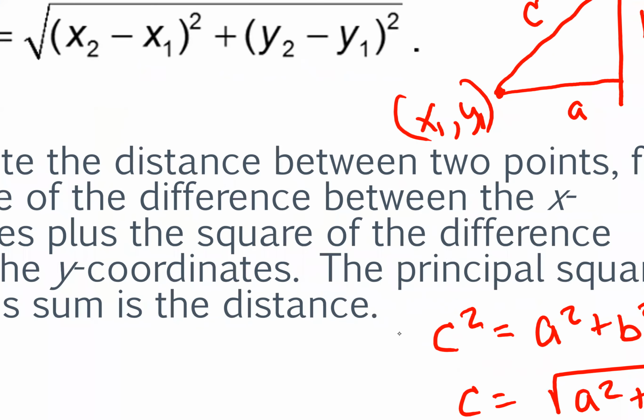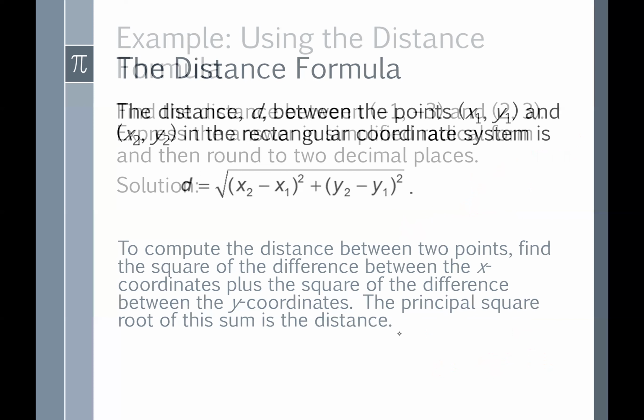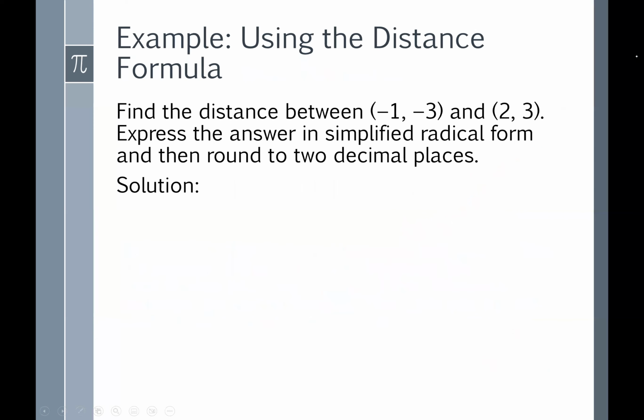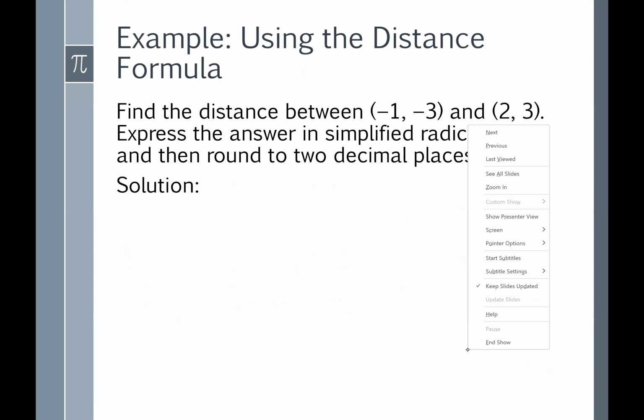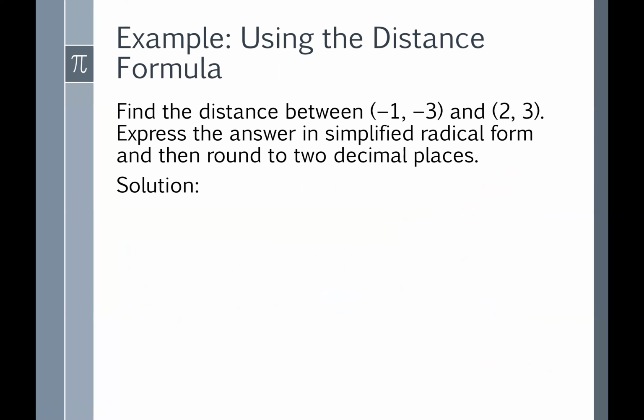All right, so let's find the distance between these 2 points. And you can give them a quick label just to help you in substituting into your formula. The first point, make that x1, y1. And the second point, make that x2, y2.